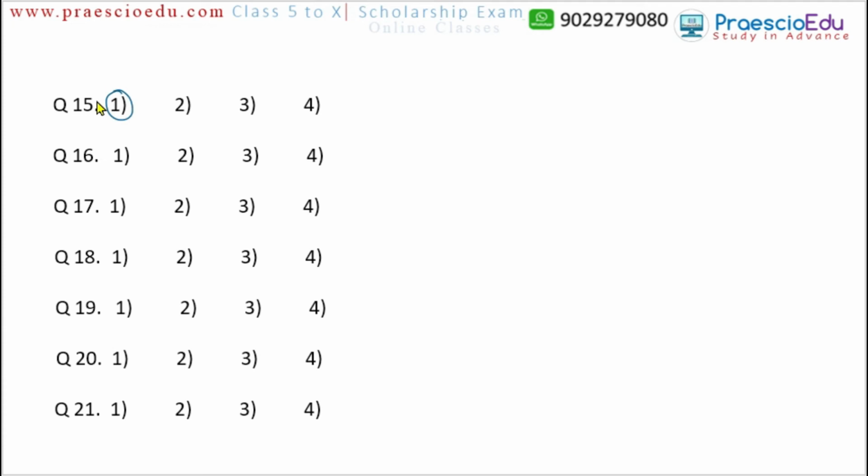Now question number 16, if you keenly observe, there is a hexagon with the numbering 1, 2 and 3 placed one by one, and inside it the letters A, B and C. It is like cutting a pizza, but it is a hexagon, not a circle.